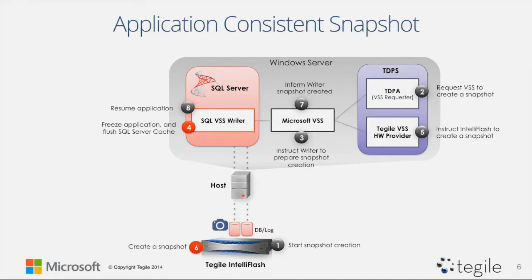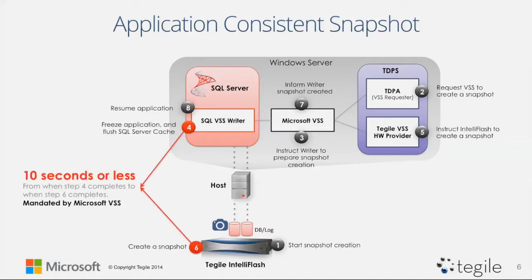And the application then resumes. In between step 4 and 6, it can take no more than 10 seconds. This is mandated by the Microsoft VSS. We do it significantly faster, but this is one of the conditions, so it has to happen very, very quickly. So the application isn't just sitting there waiting for the array to somehow figure out when to finish this snapshot.